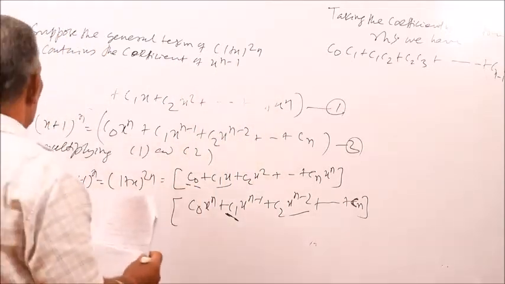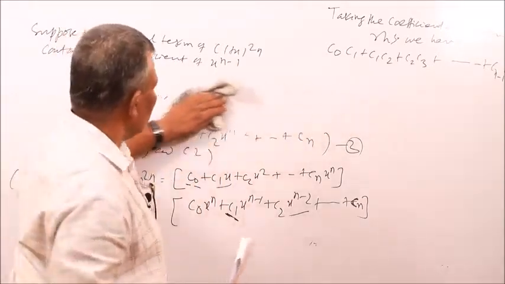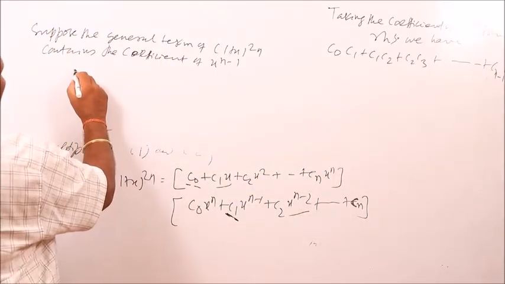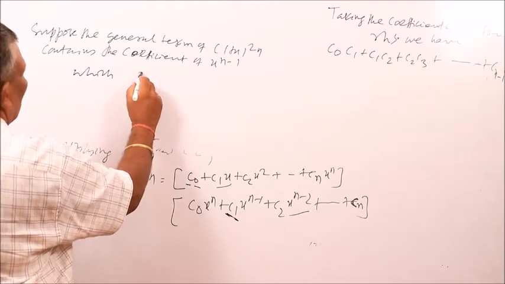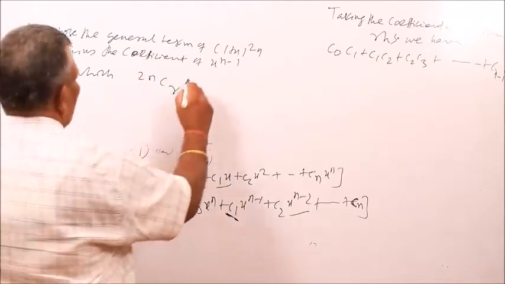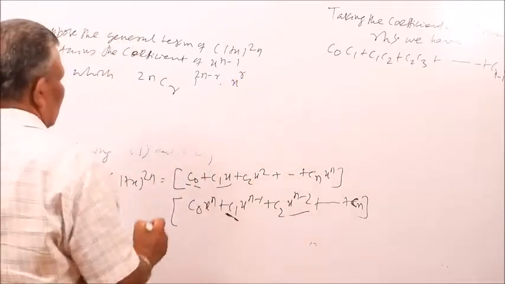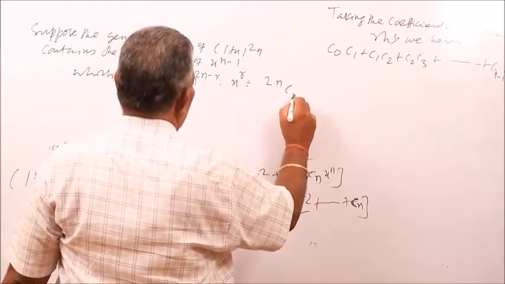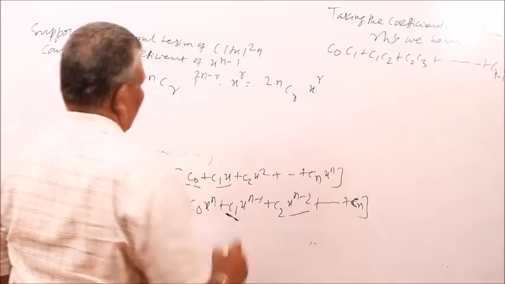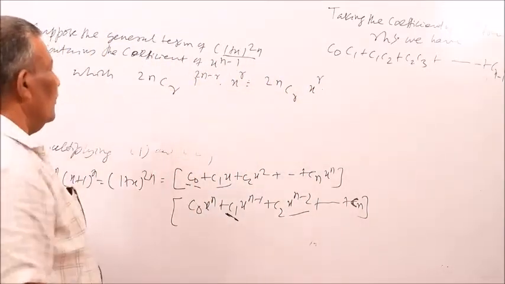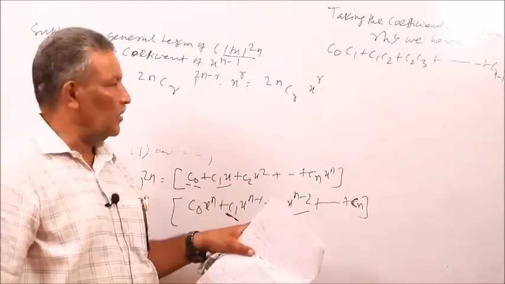So here, what will be the general term of this expansion 1 plus x whole to the power 2n? Which is 2n Cr 1 to the power 2n minus r x to the power r. That is 2n Cr x to the power r. So the general term of this contains the coefficient of x to the power n minus 1.